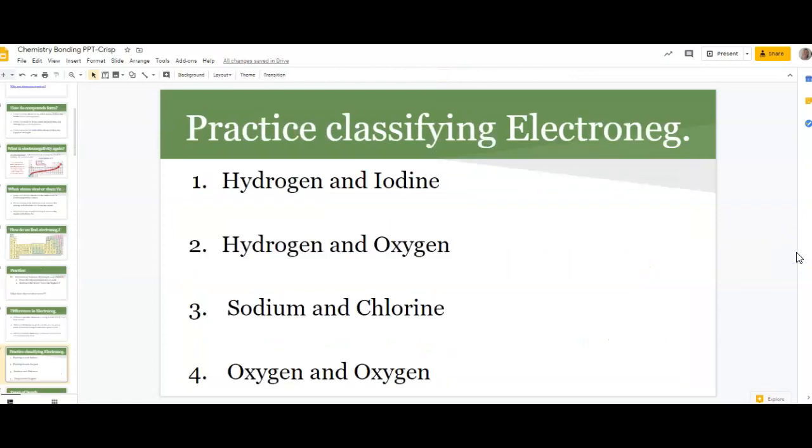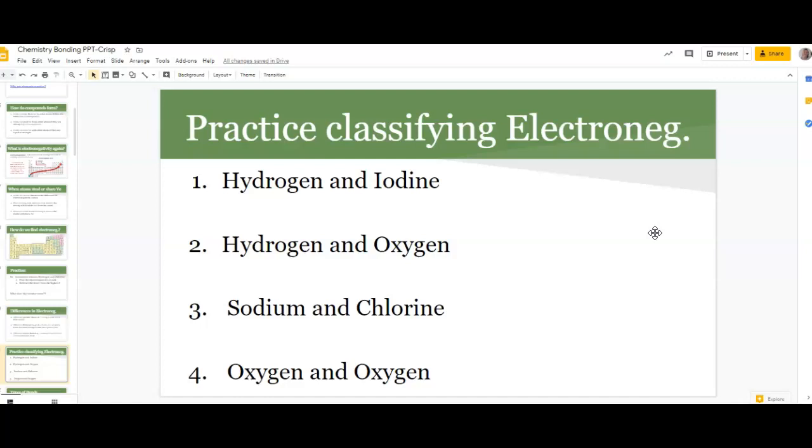So here we go, practicing classifying. In this instance, you're going to want to figure out what those specific electronegativities are, and then you can apply them to this situation. For the first problem, we have hydrogen and iodine. Then we're going to have hydrogen and oxygen, sodium and chlorine, and oxygen and oxygen.